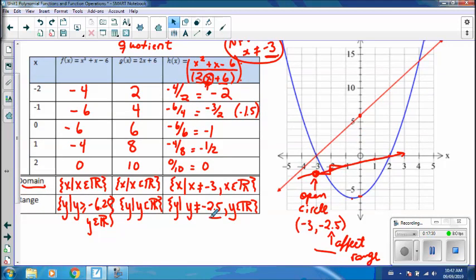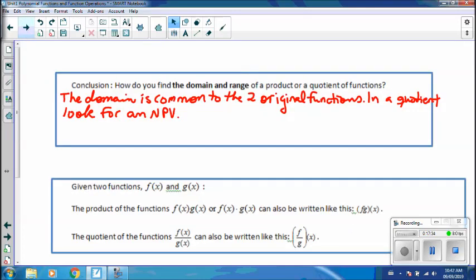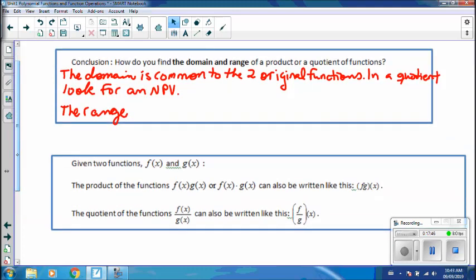So you can try that by looking at the table of values in your calculator. And then the range. The range we use the graph to determine. And by that, really, we mean you were using a calculator often.